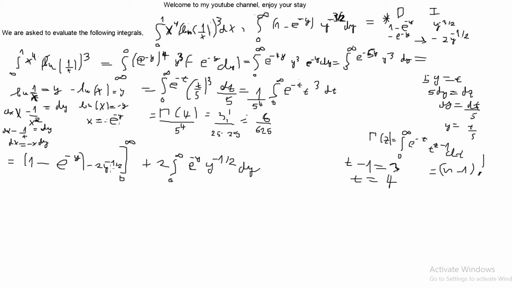When we put 0 here, we get 0 times 1, and 1 minus e to the 0 is 0, so we get 0. Okay, let me see. Okay, it's correct.